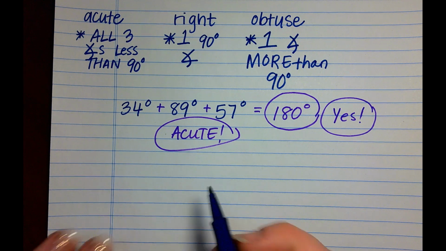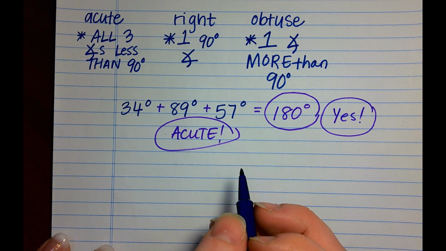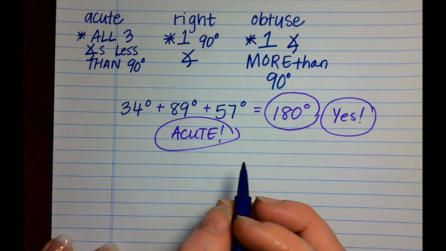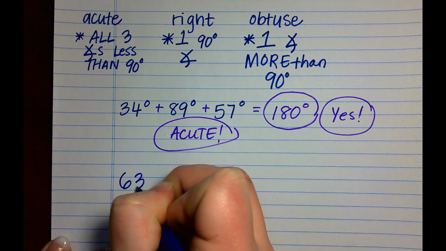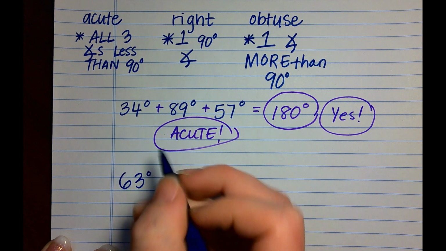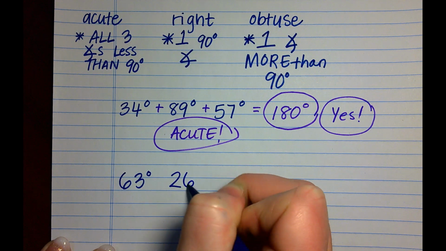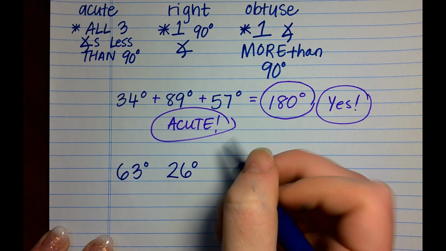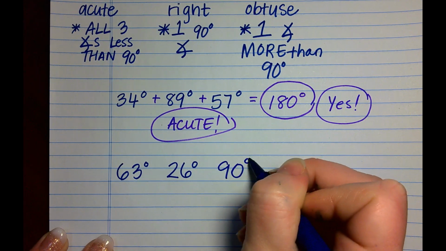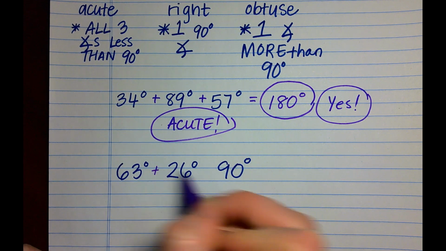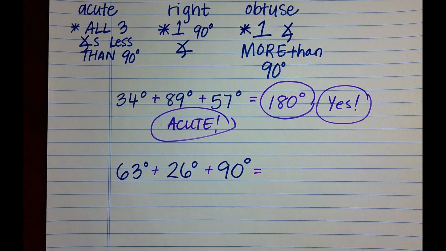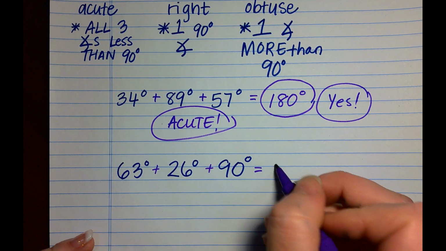Okay, let me give you three more angles. Yes, please, I need it. How about 63 degrees, 26 degrees, and 90 degrees? Is this a triangle? No. Why not? Because it's 179. Oh, it's so close.